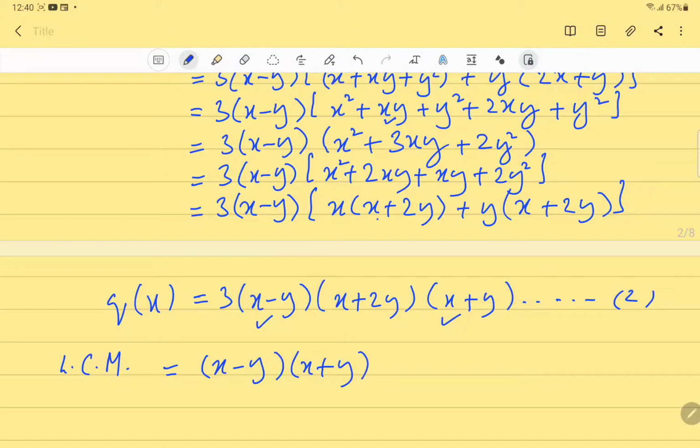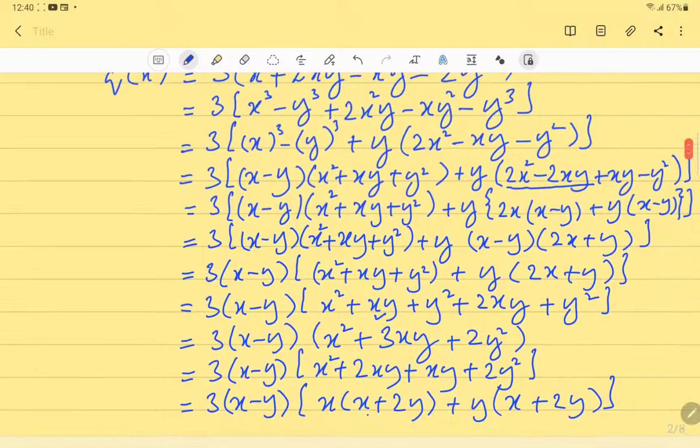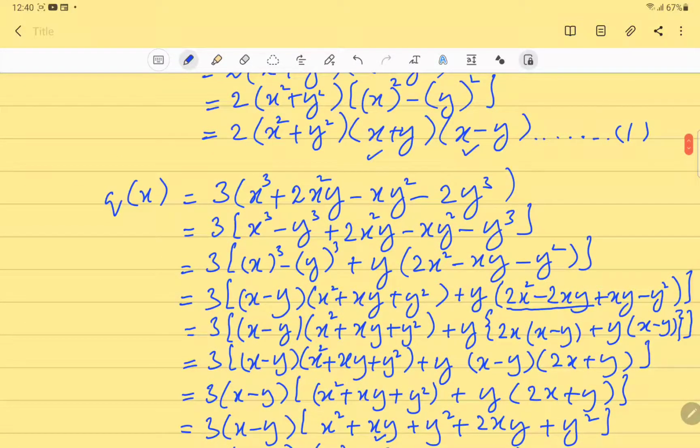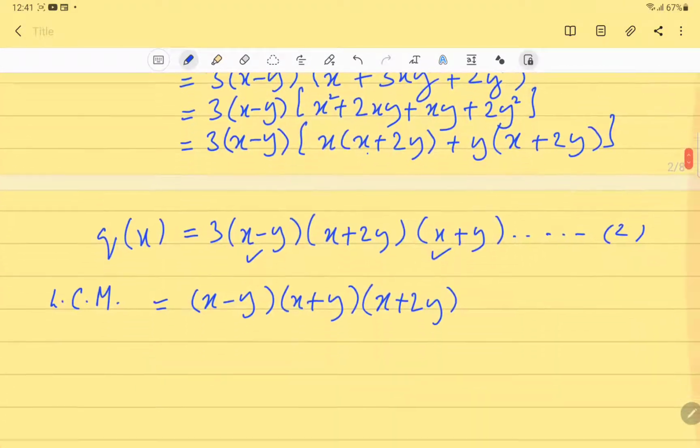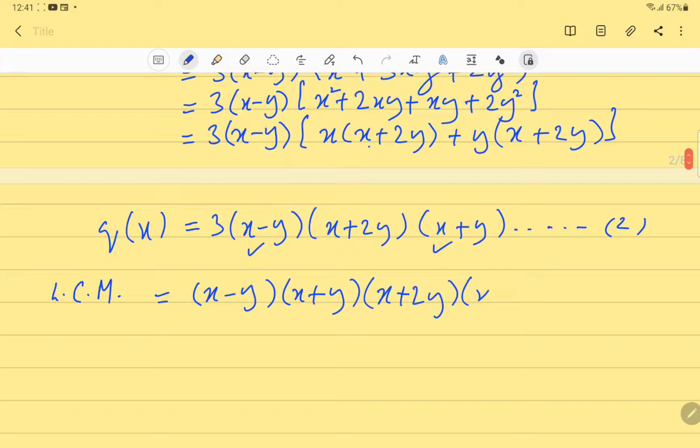Now the terms which are left in both the expressions, here it is x plus 2y, and we will check if any term is there in the first expression also. Yes, there we have x squared plus y squared, and in the first one we have 2, and in the second one we have 3.